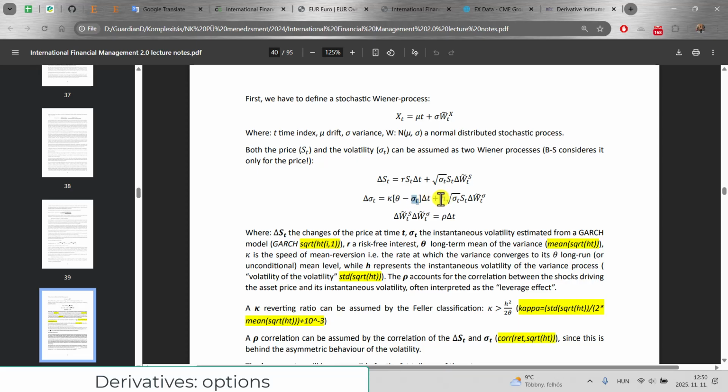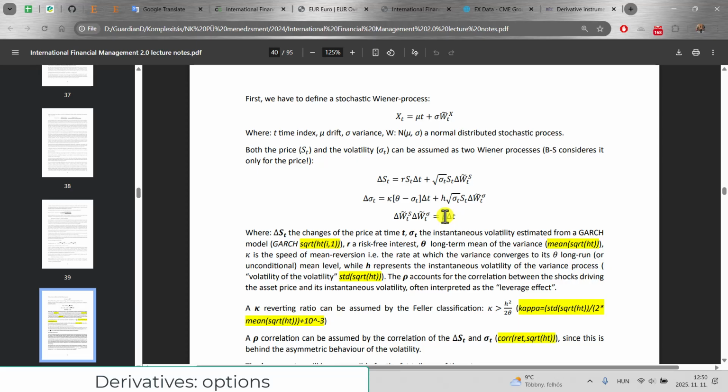And also we know how fast it is going back. So kappa is when we have high volatility, but how fast is it going back to the medium, the expected level of volatility, and also what is the relationship between the return and the volatility.